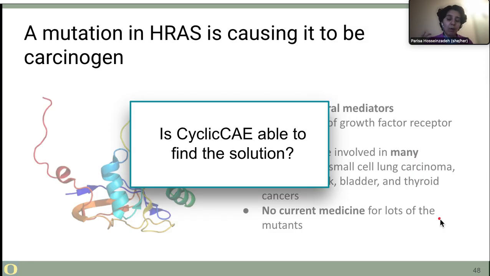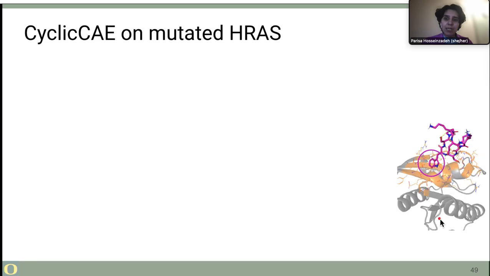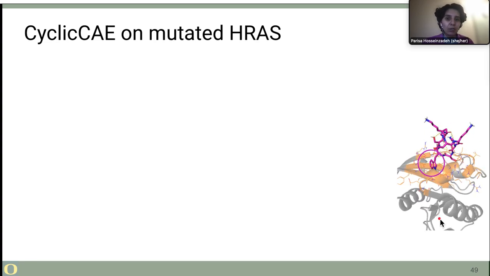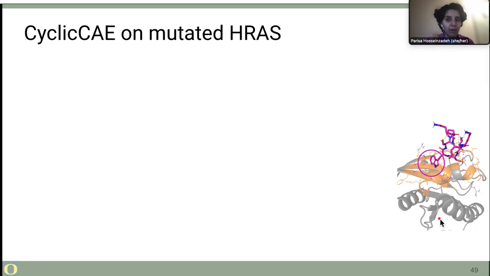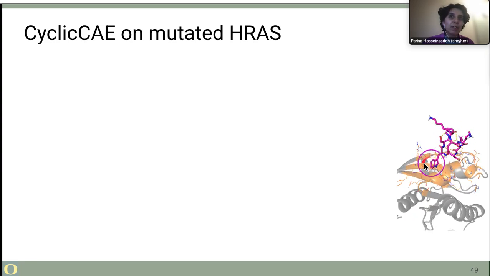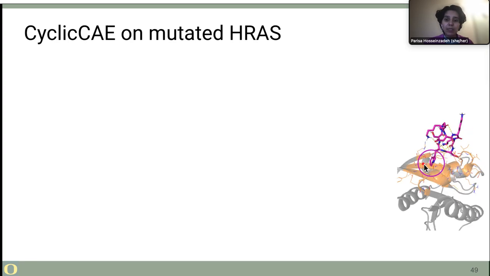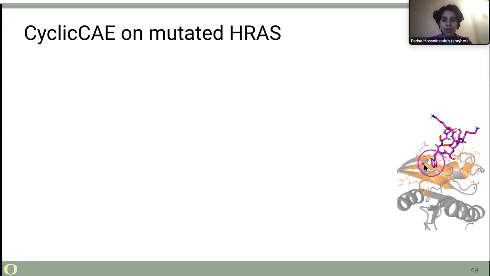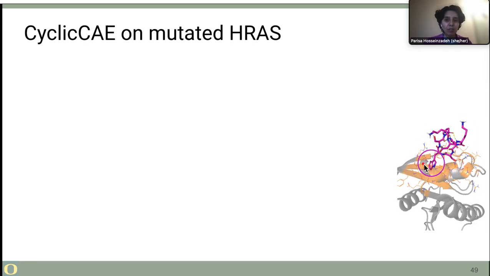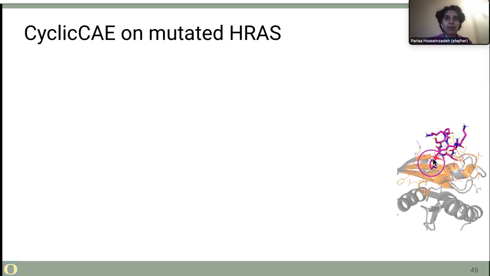And I should also mention in here that GenKick never worked for us. So we decided to run cyclic K. We have this tryptophan anchor that is bound to not the primary active site, but the secondary site that these amino acids take care of.